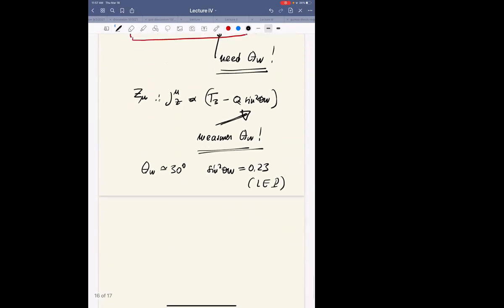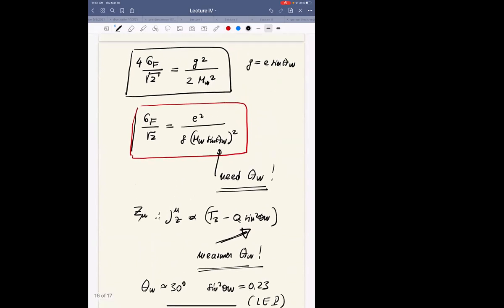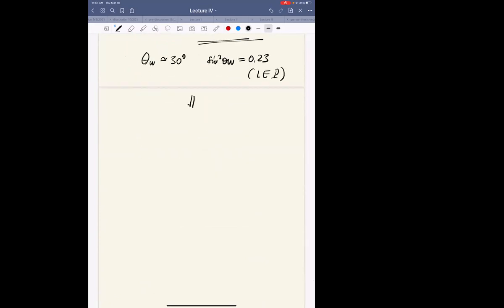And therefore, I can tell you what the mass is. I know everything here. I know e squared. This is 4 pi alpha. And you measure alpha, you measure theta W, and you get the prediction that MW is 80 GeV.